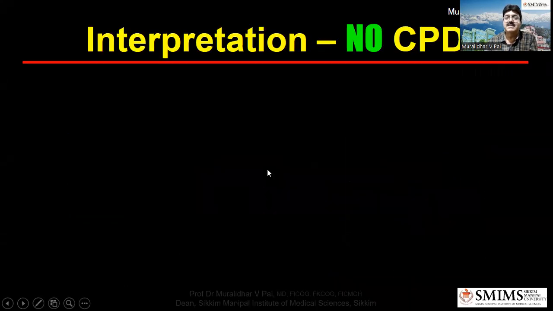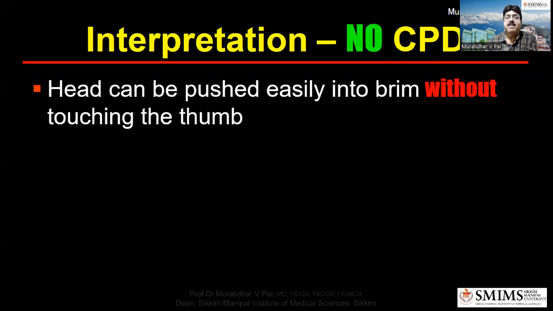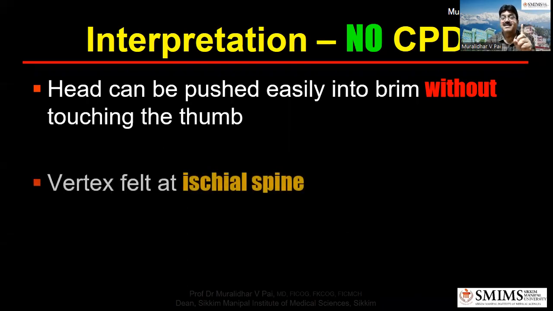So now I come to the simple and easy part, interpretation. You will say no CPD when the head can be easily pushed without touching the thumb, so it easily goes inside. And not only that, the vertex is felt at the ischial spine, which means the head is engaged.